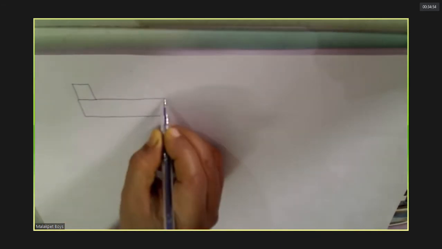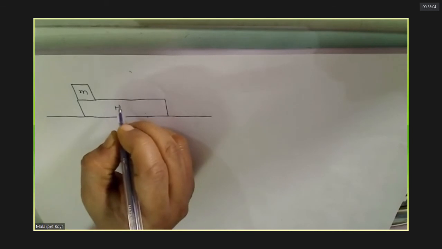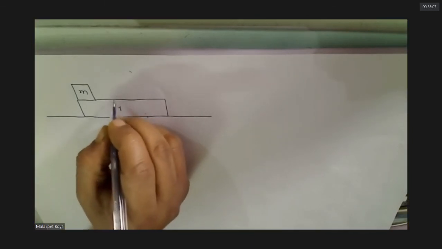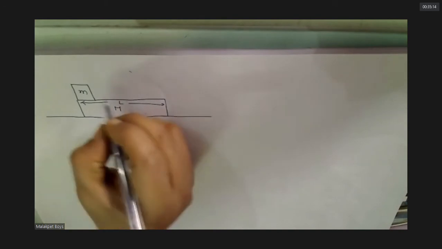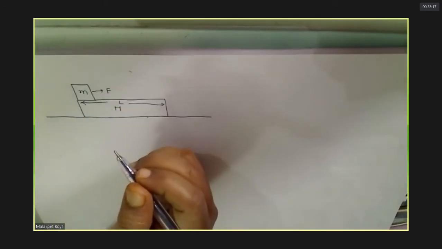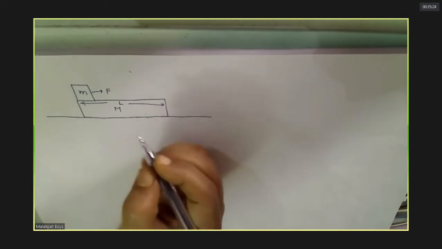Right. Now let us see an interesting problem. Okay, this is small m, this is capital M. The length is some L. The friction F. Now we are applying force.